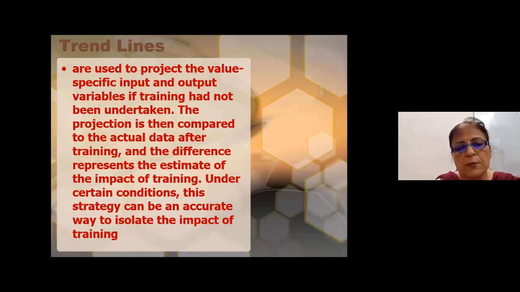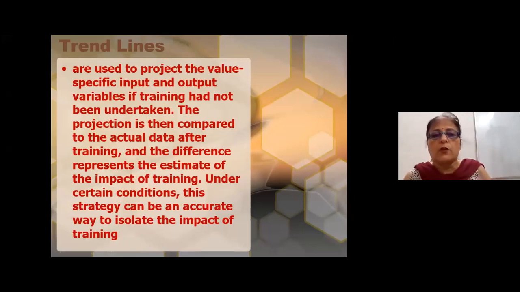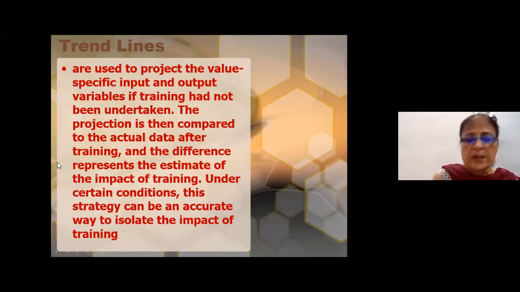And the difference represents the estimate of the impact of the training. Under certain conditions, this strategy can be an accurate way to isolate the impact of training. It is indeed difficult, but you will have to be very careful to do it before the training also. If it is not done before the training, then you can't see the trend lines.